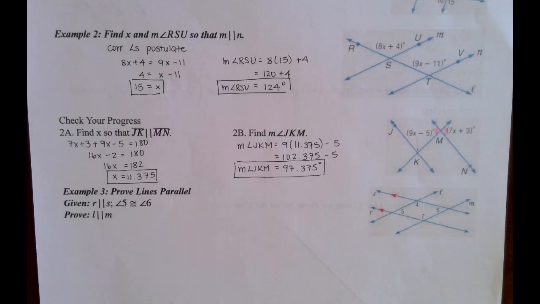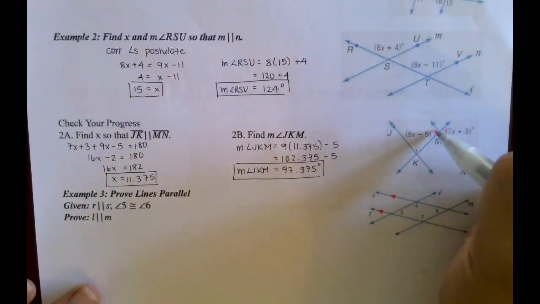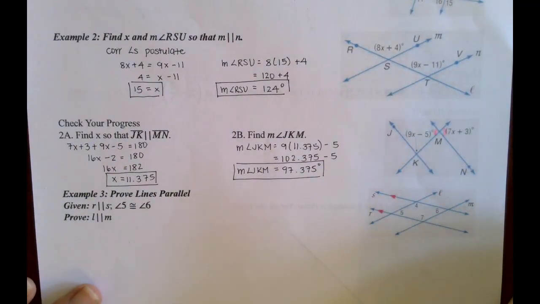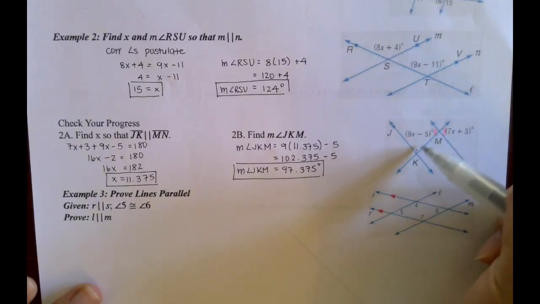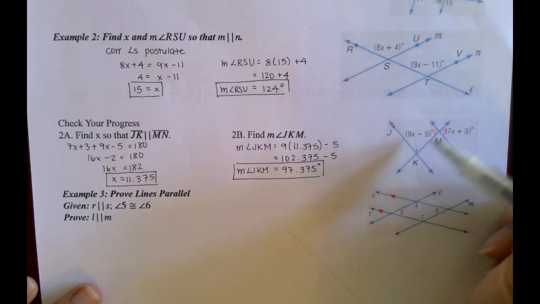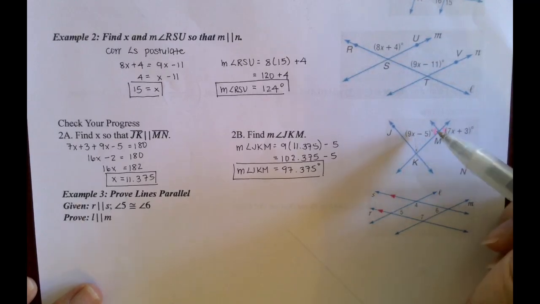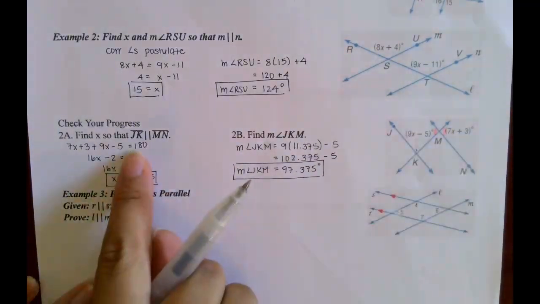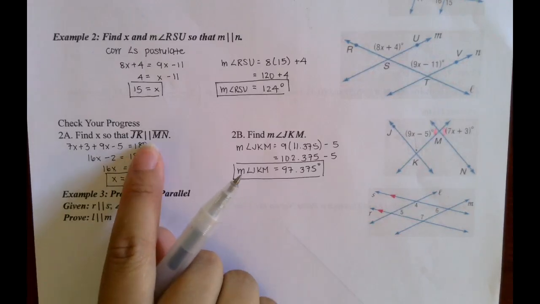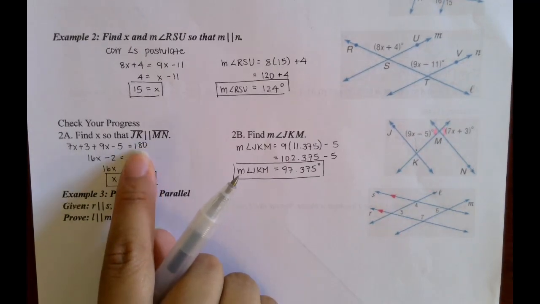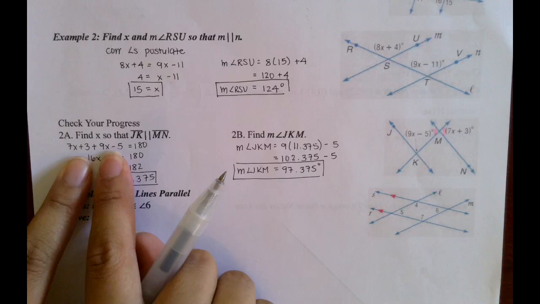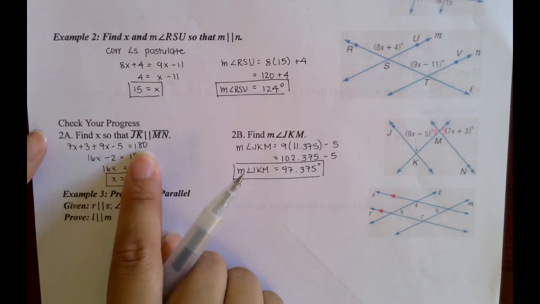And then this angle would also be 7x plus 3. Then, these two angles are same side or consecutive interior angles, which means that if these are parallel, they should be supplementary. They should equal 180. And so in order for them to be parallel, they have to be supplementary. So I added the two of them to equal 180.